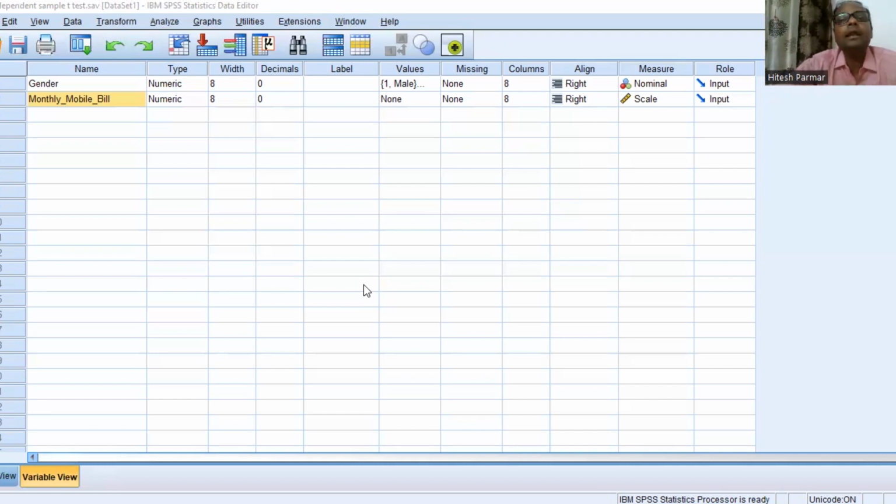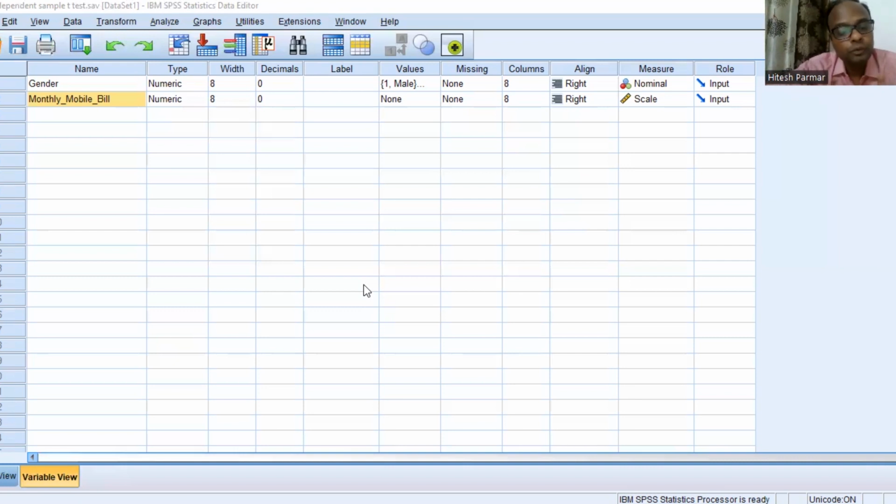It is recommended that the values are between -3 to +3. So as minus 0.092, it is under control. And for kurtosis, there are certain authors who recommend -7 to +7. So minus 0.898. So based on the skewness and kurtosis also, we can consider that the data are normally distributed.